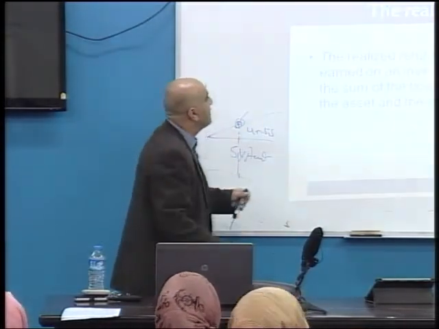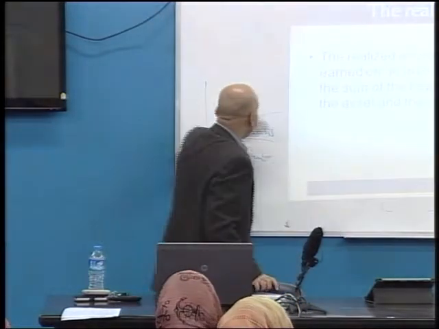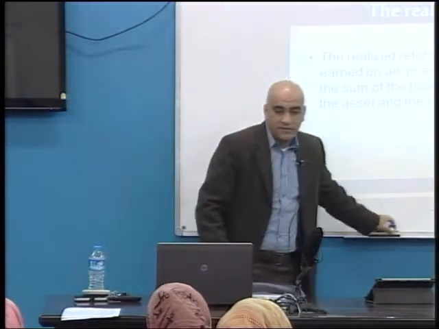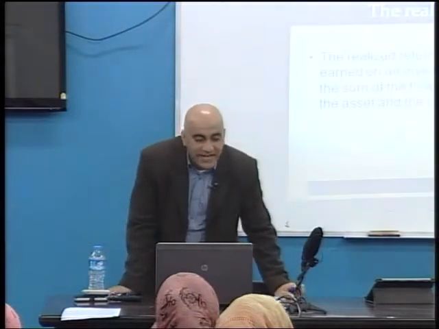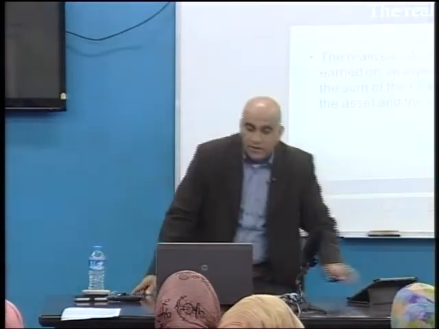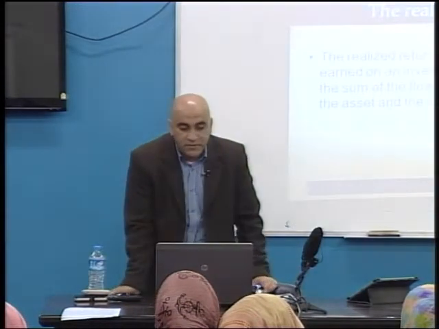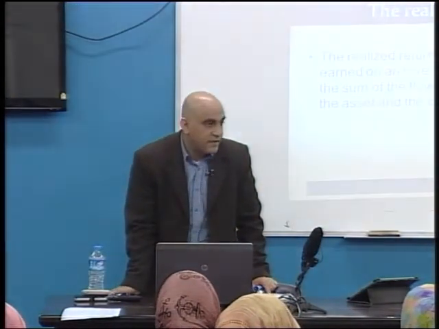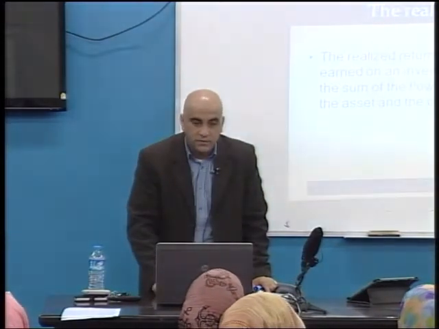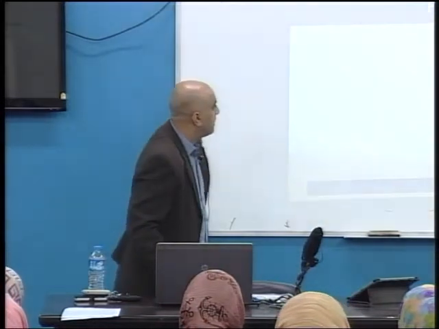The realized return, which is actually obtained by the investors, is the return actually earned on investment, and essentially the sum of the flow of income generated by the asset and the capital gains. Now the risk.